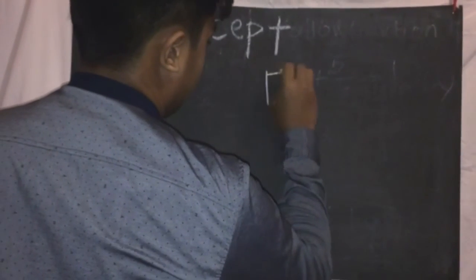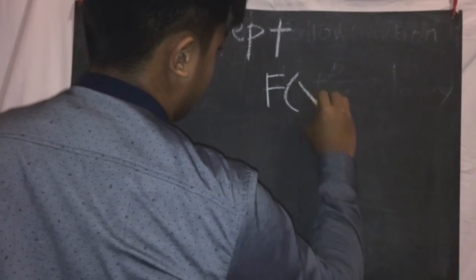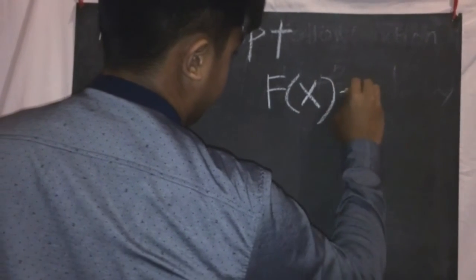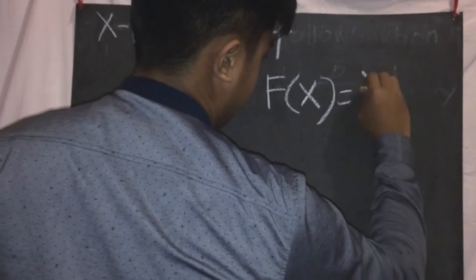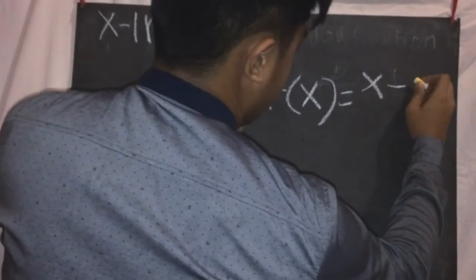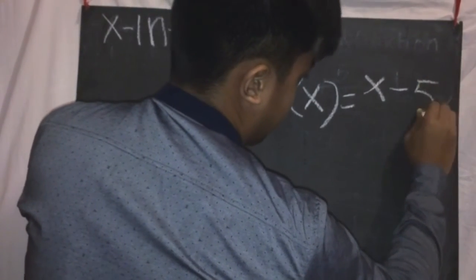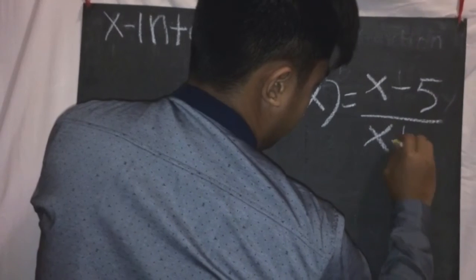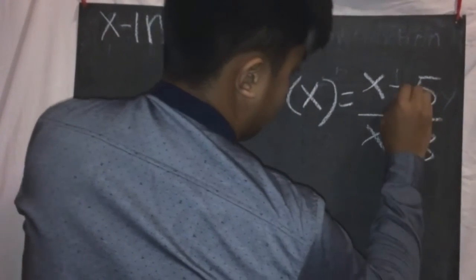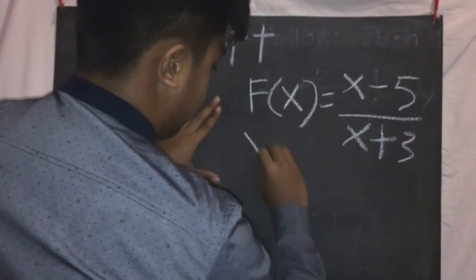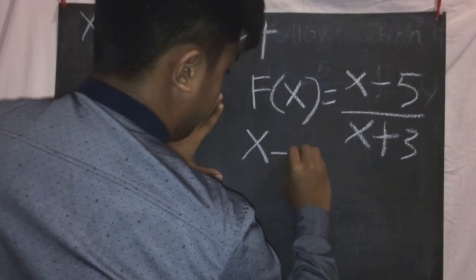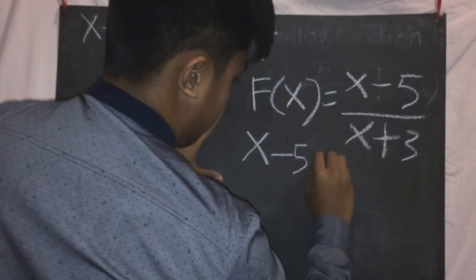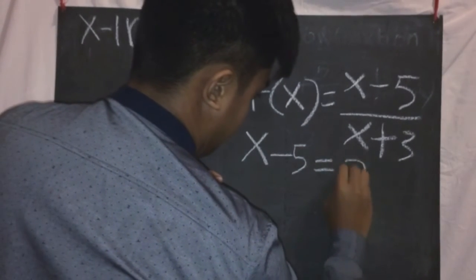So the given example is f of x equals x minus 5 over x plus 3. So we should set the x minus 5 to 0, so it becomes x minus 5 equals 0.